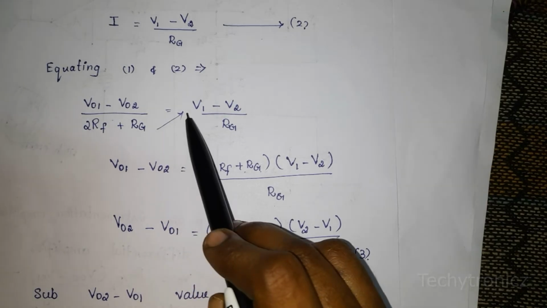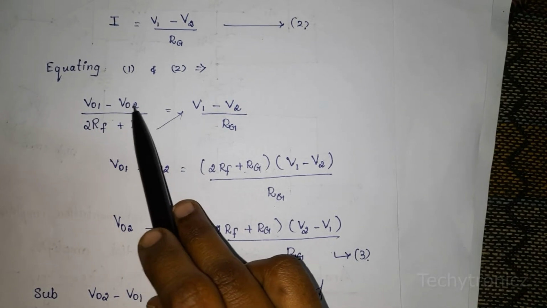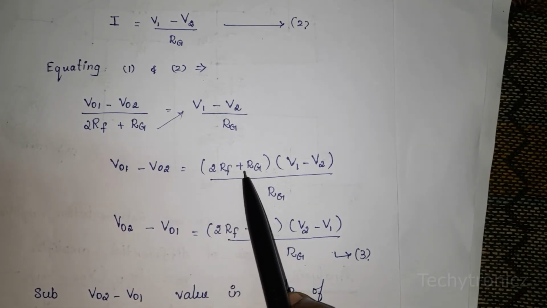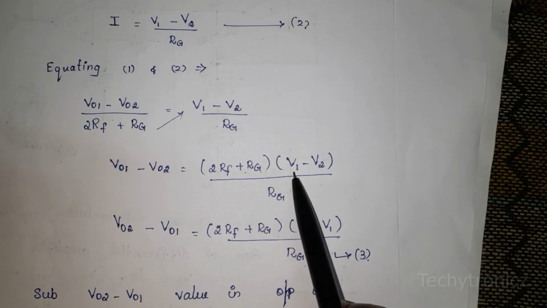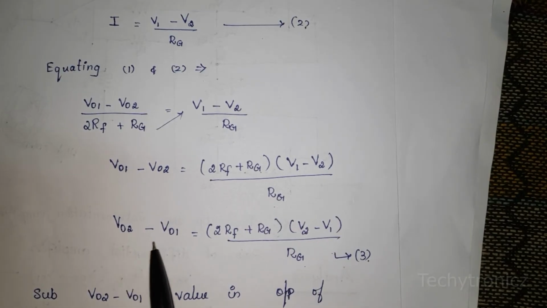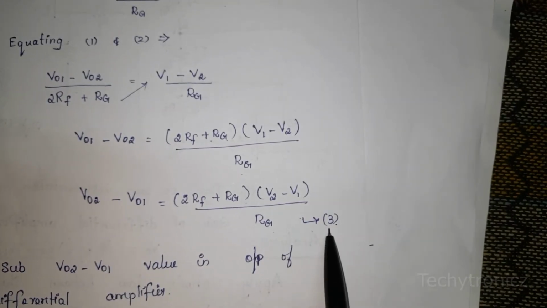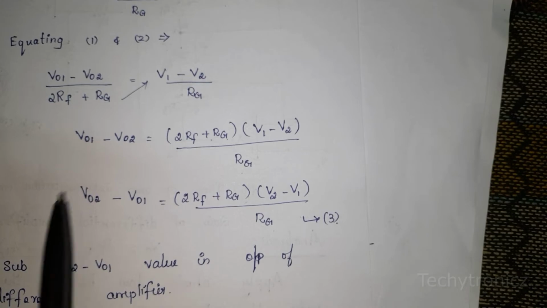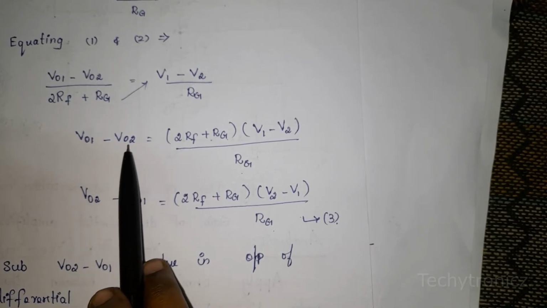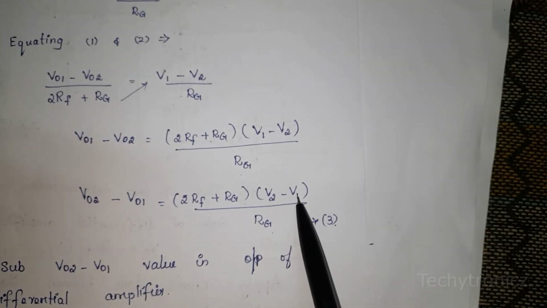If we find the V01 minus V02 value here, we will get 2 RF plus RG into V1 minus V2 divided by RG. Take this as equation number 3. Taking the minus outside, we get V02 minus V01 with V2 minus V1.